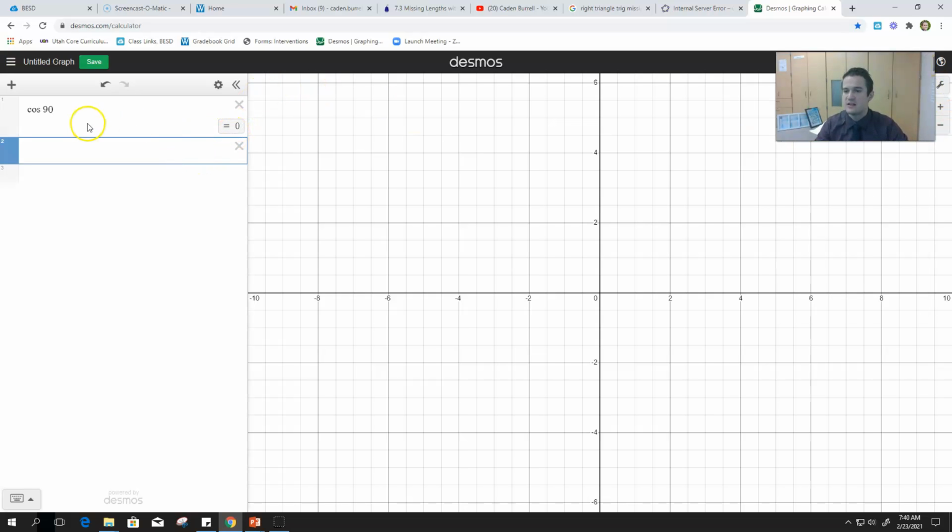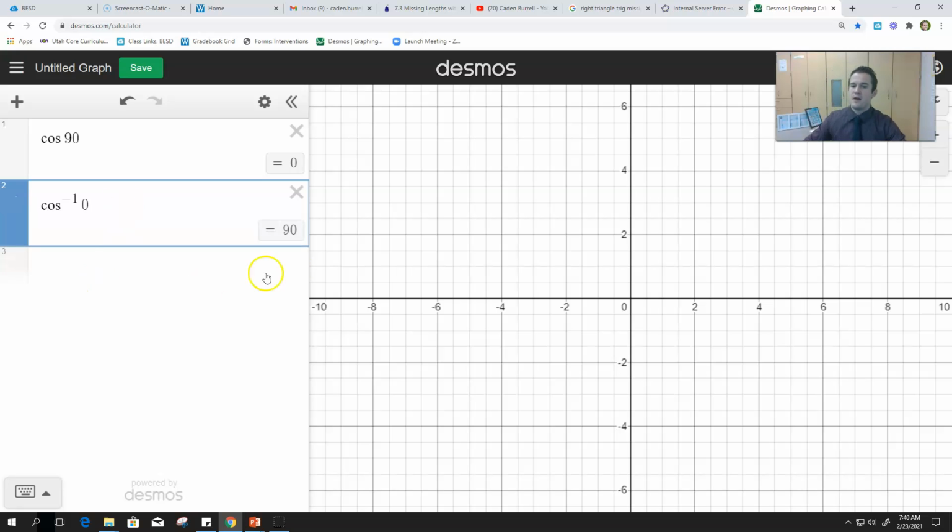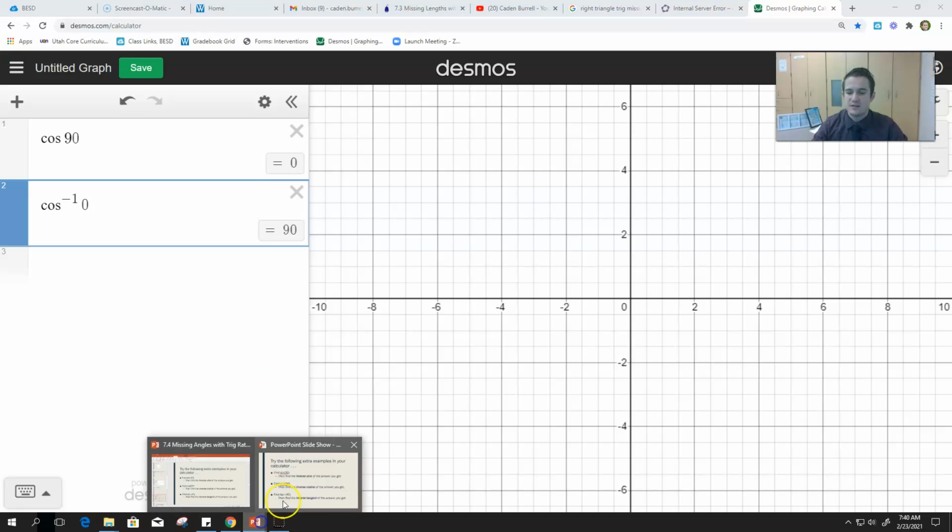The cosine of 90 degrees is 0. Okay? Now, let's see if I take the inverse cosine of 0, I get 90 degrees. Cosine of 90 degrees is 0. The inverse cosine of 0 is 90 degrees.